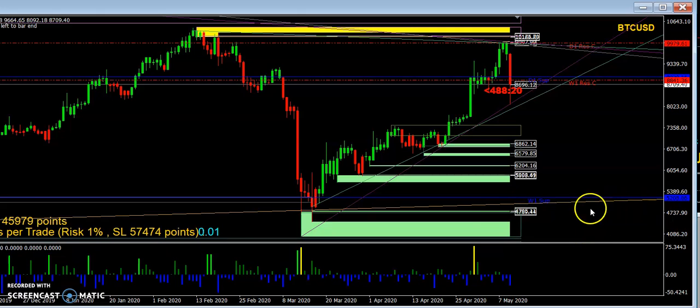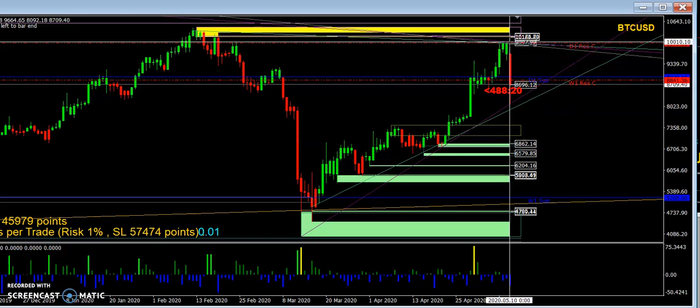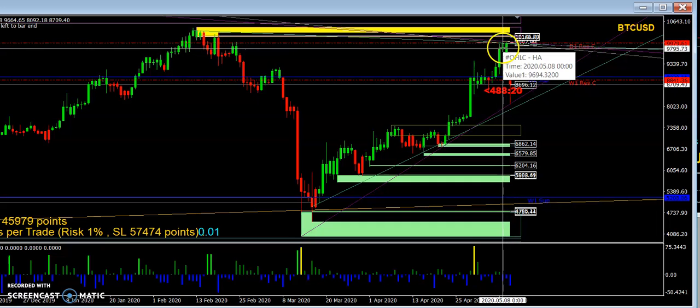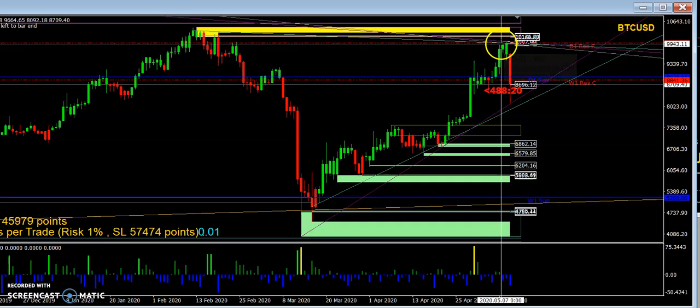When I get multiple confluences on a chart, it's definitely time to start looking for reversals. If you guys have been following me on Twitter, you would have seen that when we were on these two candles here, I was kind of ambivalent.